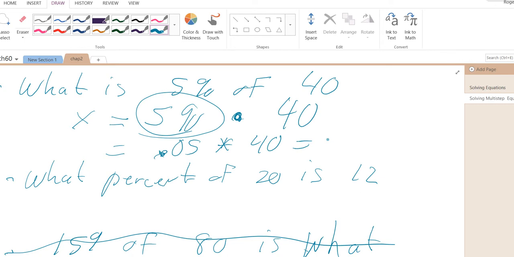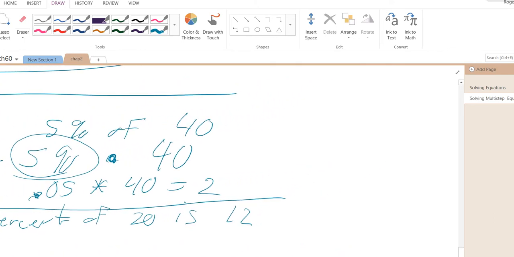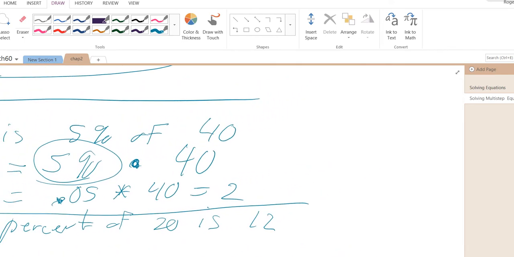Is that 2? Okay. All right. Now, I know that there's probably some that did it, and I hardly ever do it this way, but what does it go? Part over whole equals percent over 100, right?